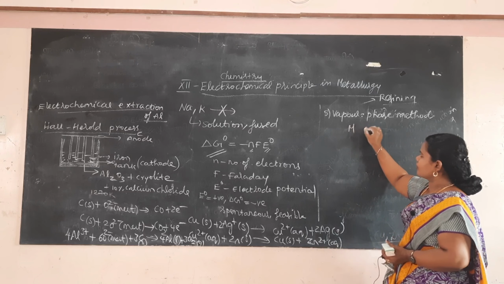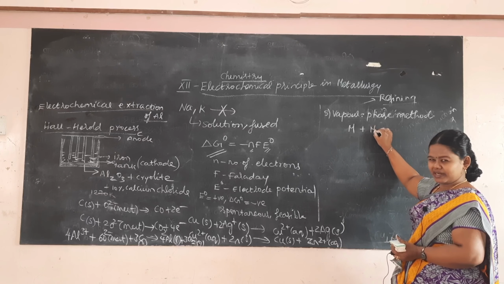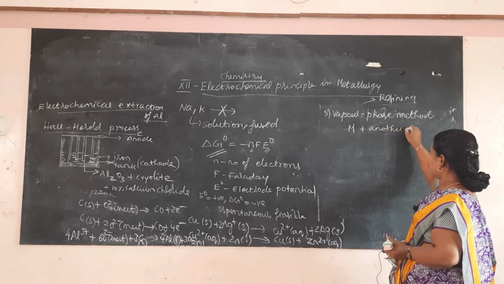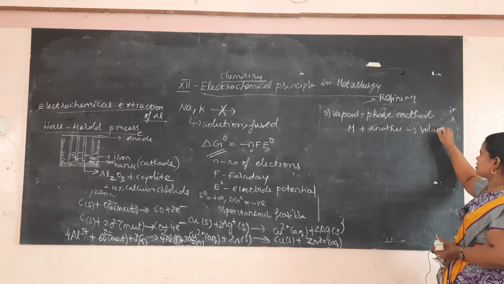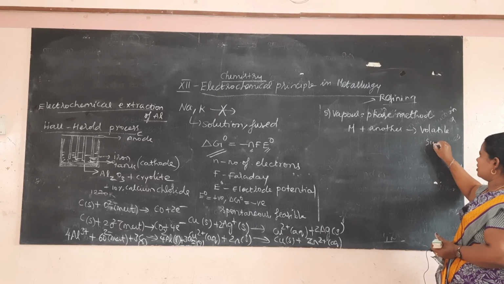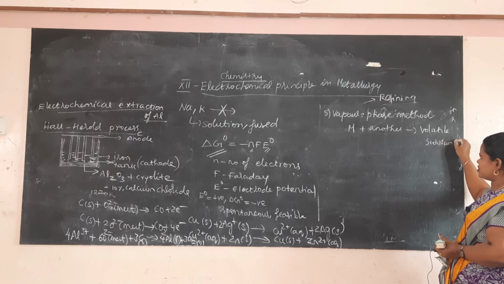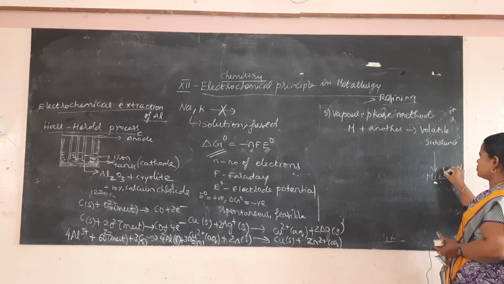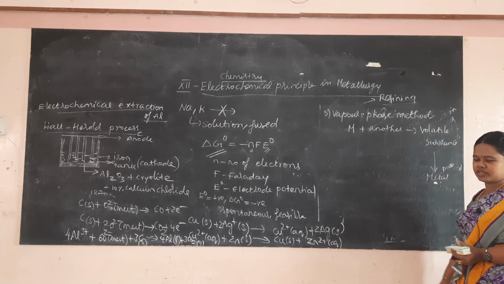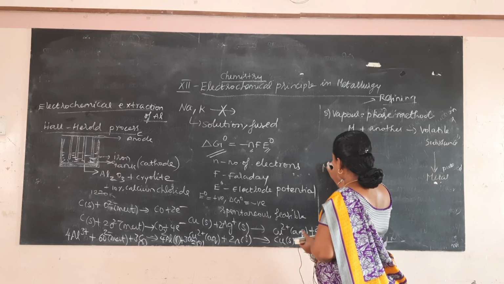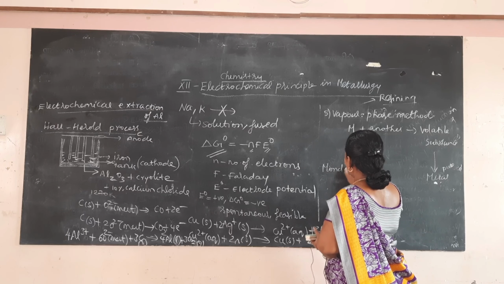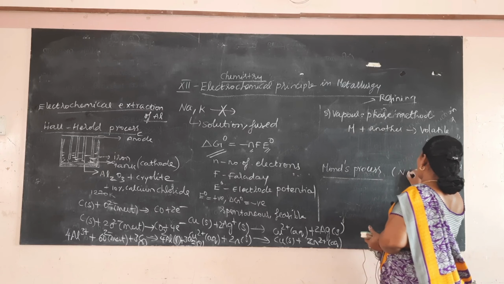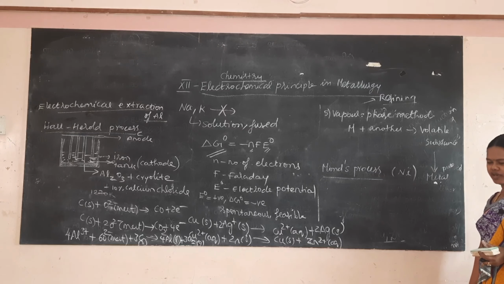Here the metal is fused with another substance to form a volatile substance, and that volatile substance will be converted into pure metal. So this is the vapor phase method, and in that I am going to explain Mond's process for refining of nickel.